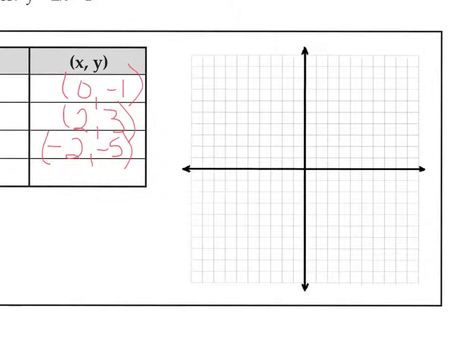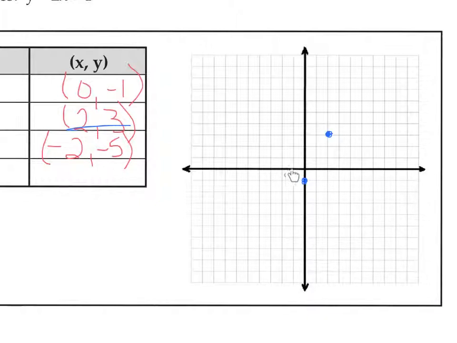So we have 0, -1. So that will be down here on the y-axis, 0, -1. We have the point 2, 3. So that would be 2 over and 3 up. Will be right there. And the point -2, -5.